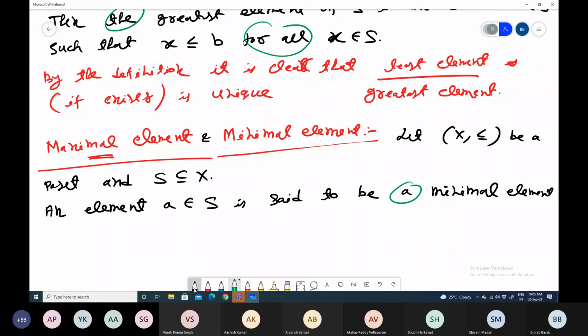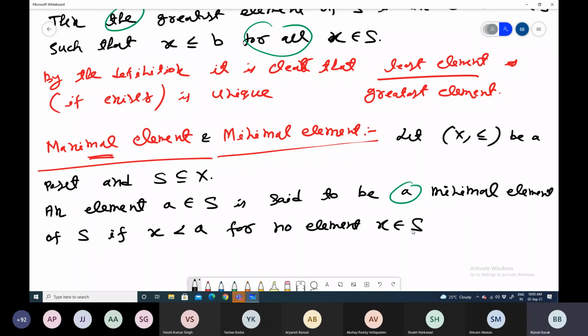A is a minimal element of S if X is less than A for no element X belongs to S. That means there is no element which is less than A. So that's all.